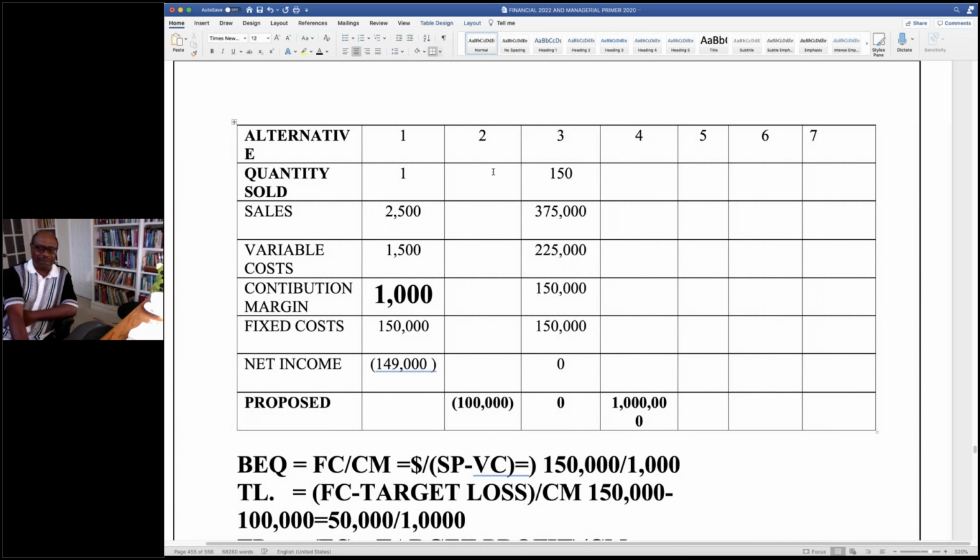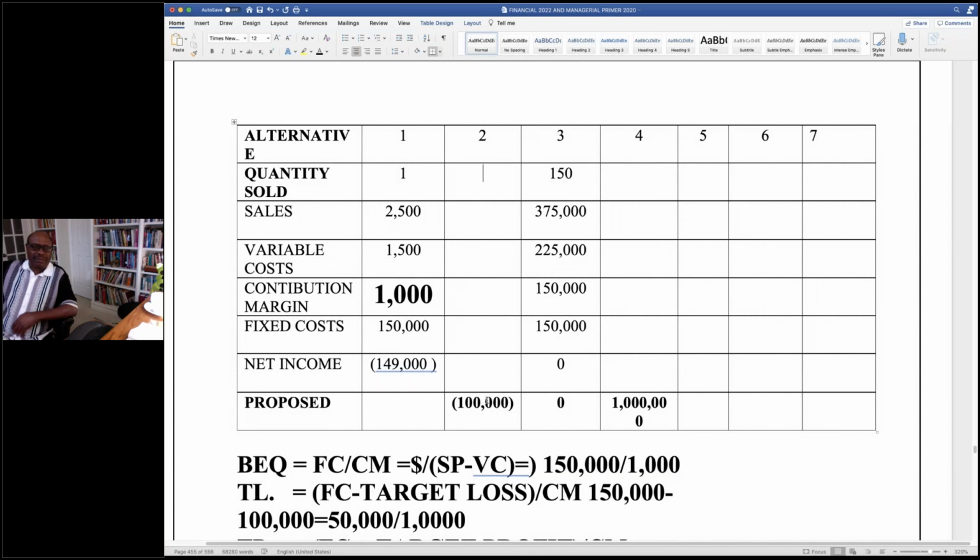What's it going to be? My target loss, how much? Hold on, I'm trying to make sure I did this right. My target loss is the zero, right? The target loss is the 100,000. Okay, never mind.